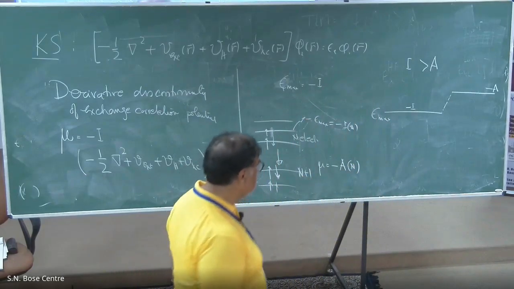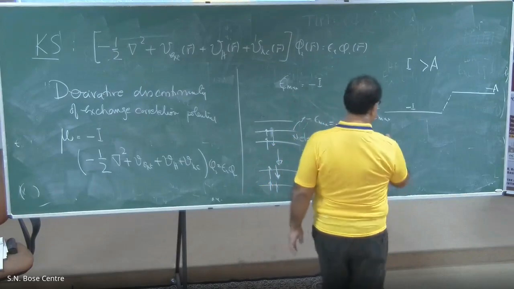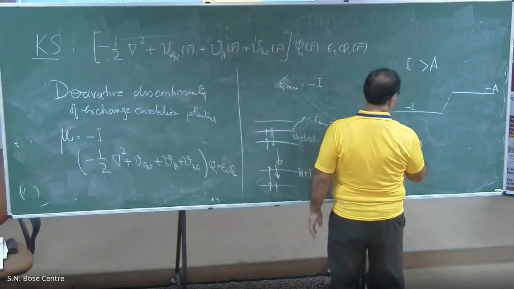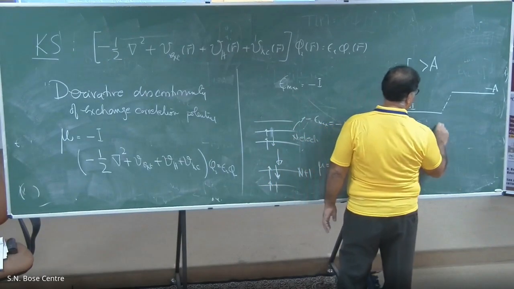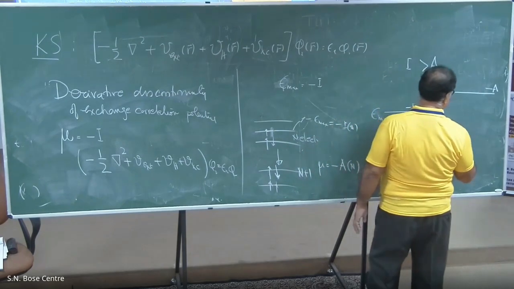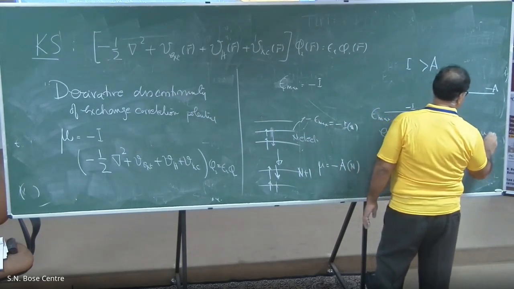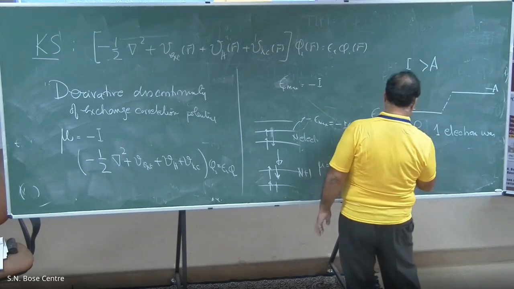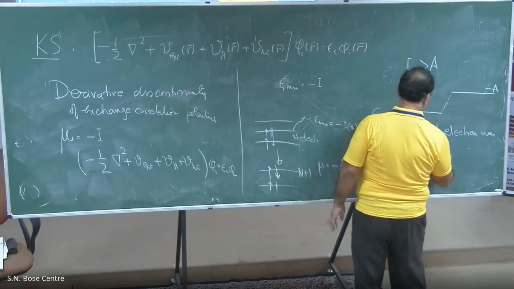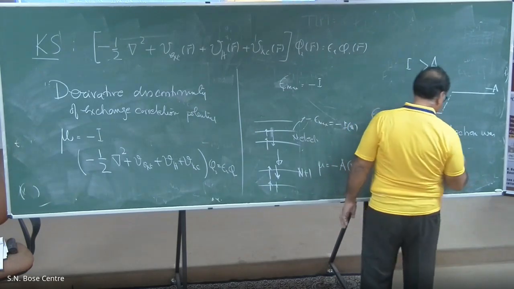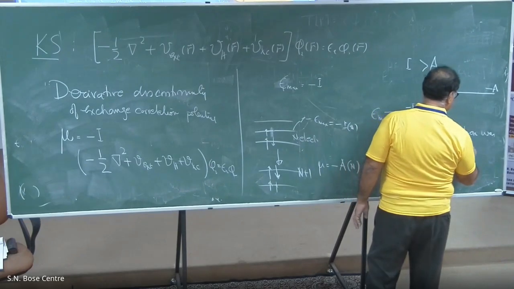Even though one electron was added, to make it more dramatic, let's write 10 to the power 29.